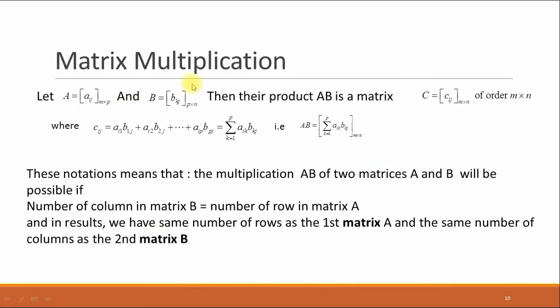Now matrix multiplication. This is the most important property of matrices.